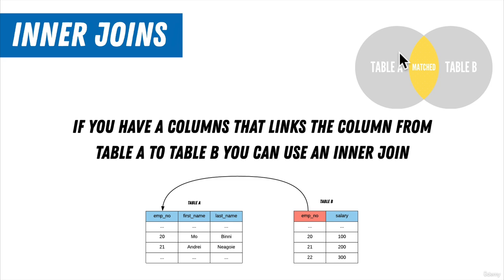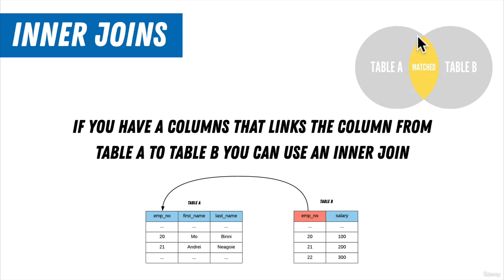If table A has 1,000 records and table B has 1,000 records, and we link employee number from table A to employee number from table B, and it's a primary key to a foreign key relationship, well, if table B only has the salaries or the IDs for approximately 500 of the IDs in table A, then the match is going to be 500 large.